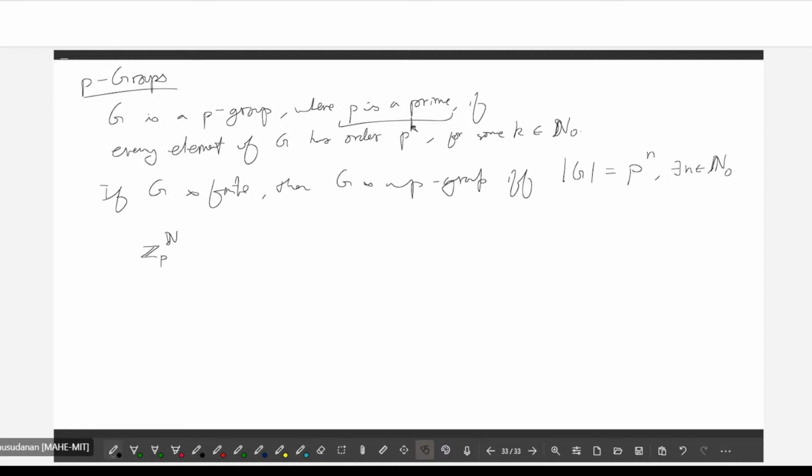Okay, I know what you mean. So fine, you can take all of them. In that case, what is the order of every element? Any non-zero element will have order P. So this is a P group. Okay, correct. Good example.